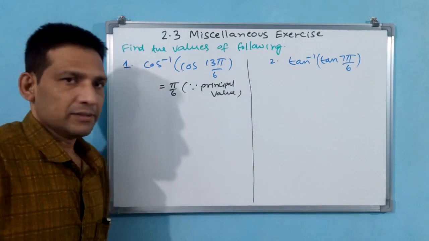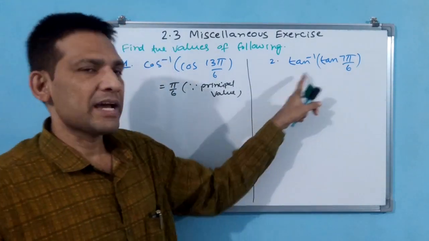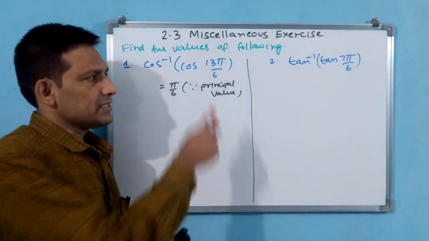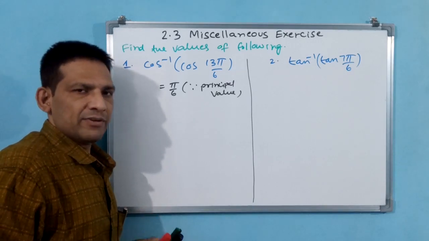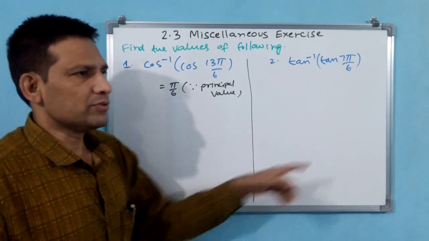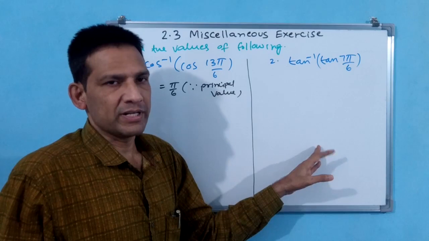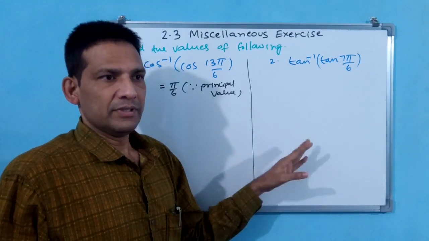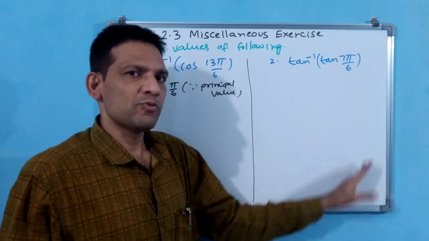Let us go this side also. Tan inverse tan 7 pi by 6. Tan inverse tan are going to get cancelled. 7 pi by 6 is going to come as the answer. See, 7 pi by 6 means what will be in degree? Pi by 6 is 30, into 7 means 210 degree. 210 degree means 180 plus 30. 180 plus 30 means third quadrant. In the third quadrant tan is positive. Positive you have to convert into 0 to pi by 2. Why?